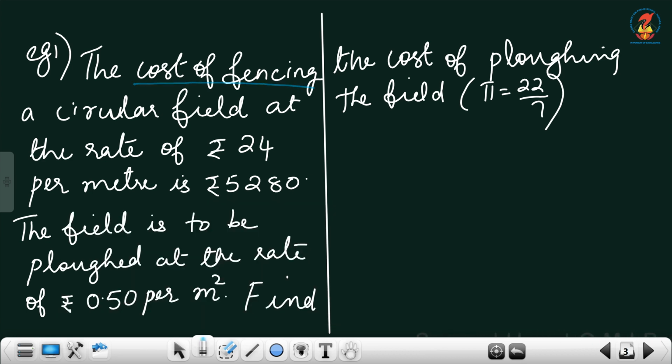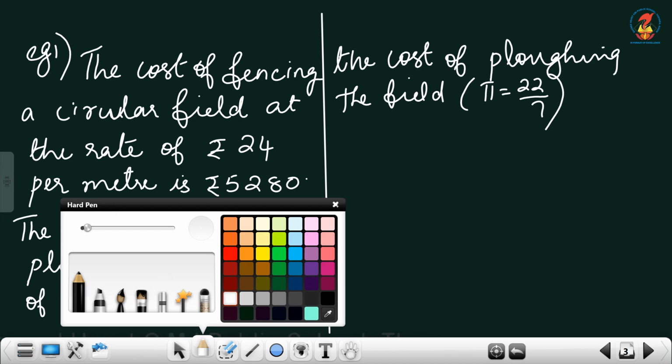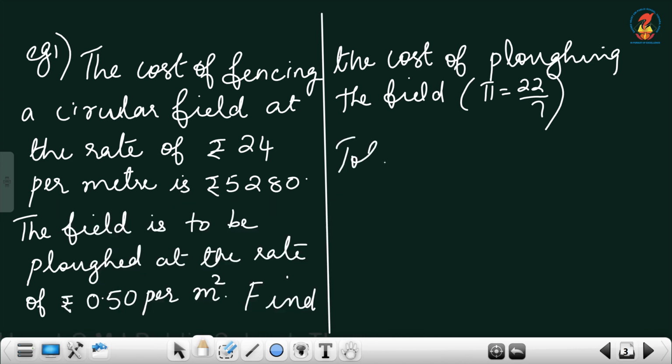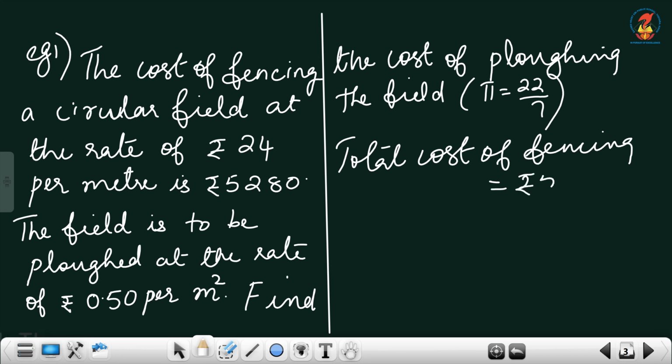Total cost of fencing is given as rupees 5,280 and the rate per meter is rupees 24. Fencing is something related to the boundary.